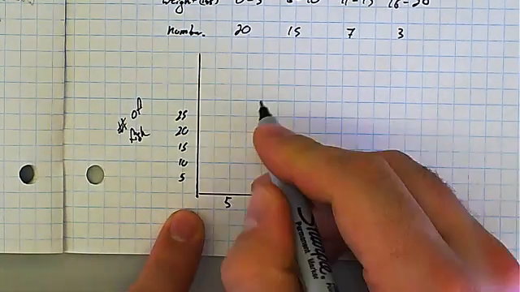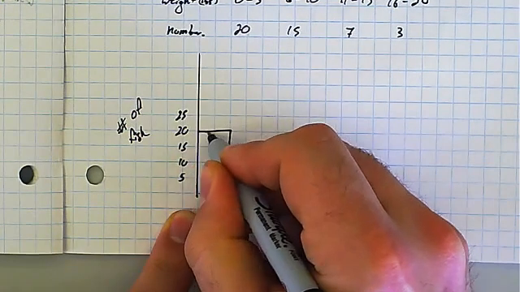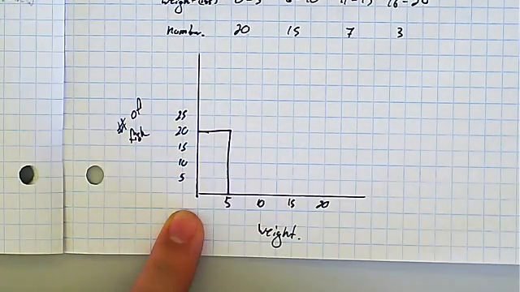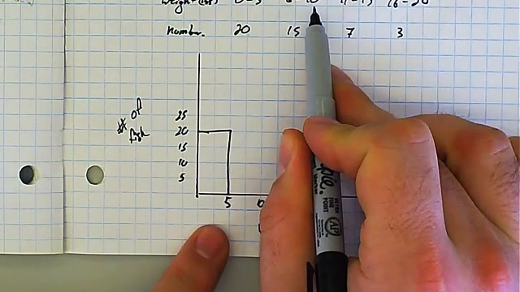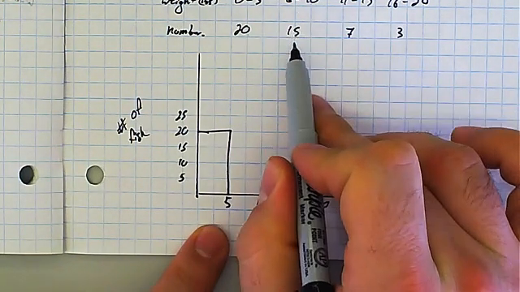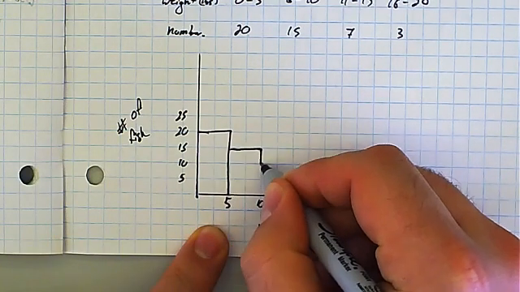Between 0 and 5, we know there were 20 fish caught. You could color that in, but I'm using Sharpies. Between 6 to 10, I should probably say 5 to 10, we know there were 15 fish caught.